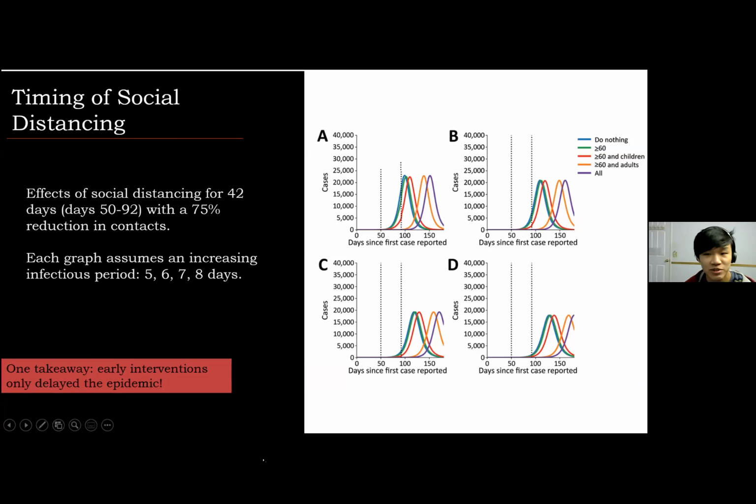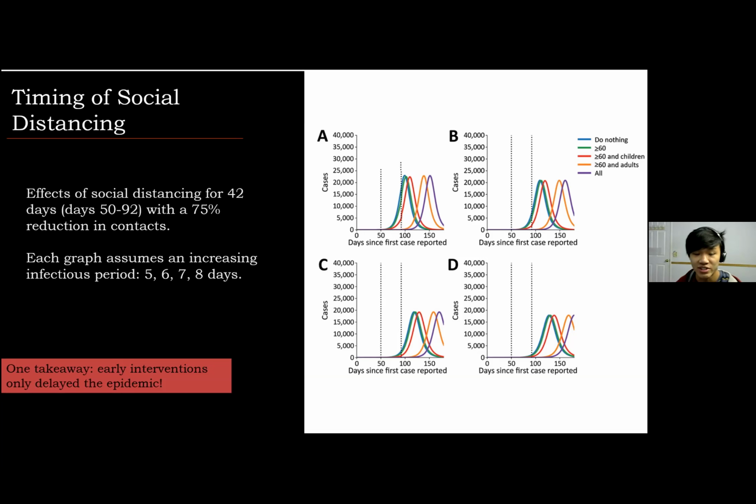Okay, cool. So one thing that this study looked at was the timing of social distancing, specifically a 42-day social distancing mandate enacted on the 4 different scenarios. So in these graphs, we'll see 4 or 5 different colors, and each of those represents the different scenarios outlined in the previous slide. So in all 4 of these cases, we start social distancing 50 days after the first case is reported, and everyone will stay social distance for 42 days.